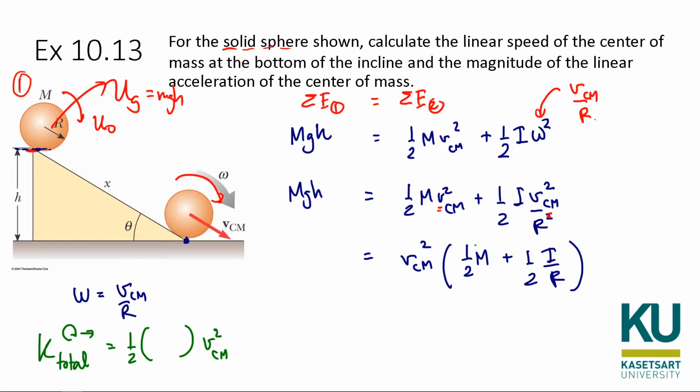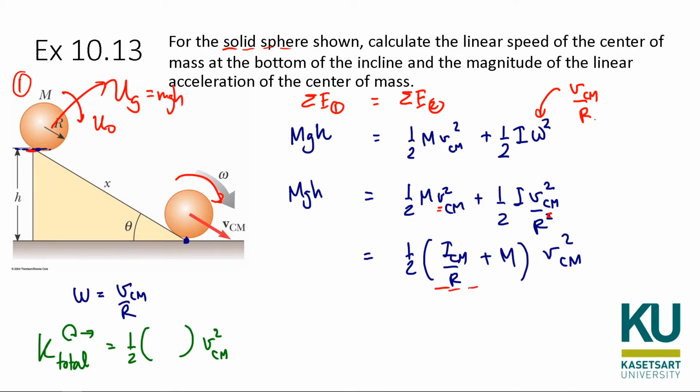How can I arrange this term? If I write it carefully, I can rewrite it as 1/2 times (I_cm over r squared plus m) multiplied by v_cm squared.